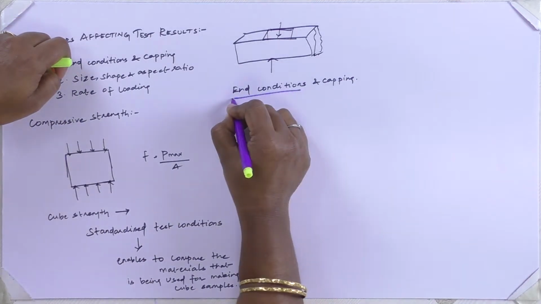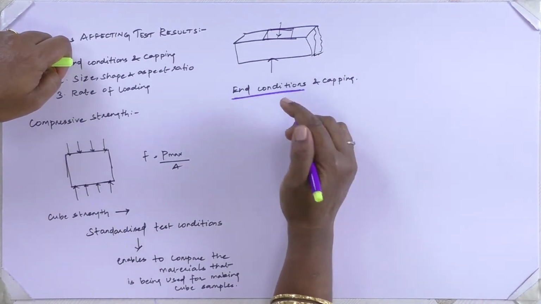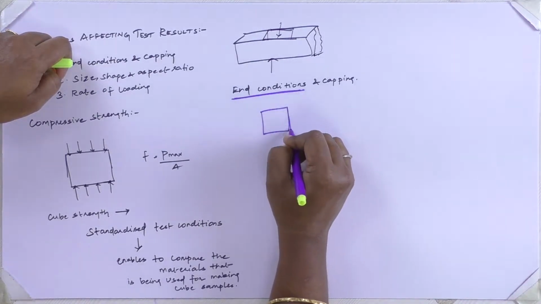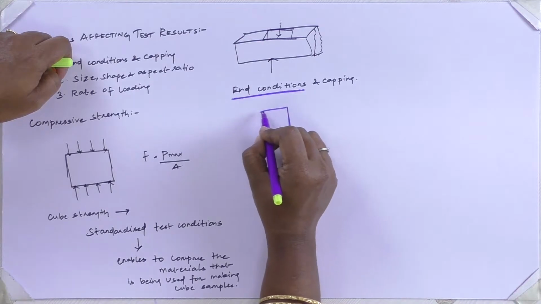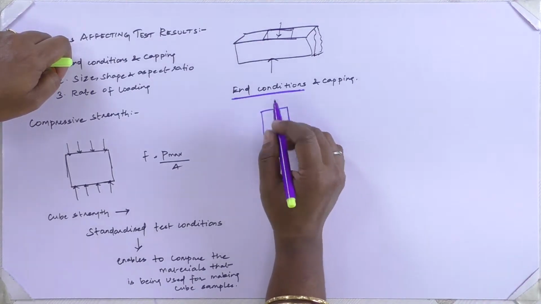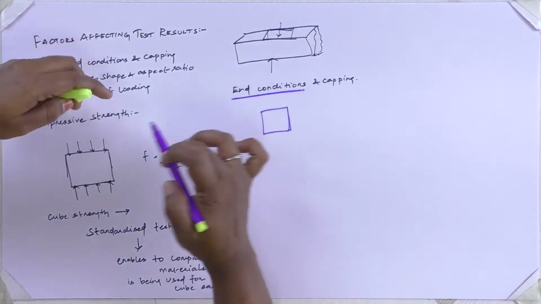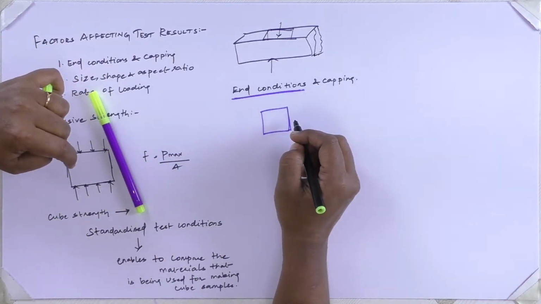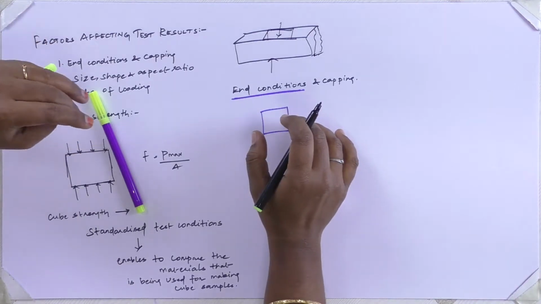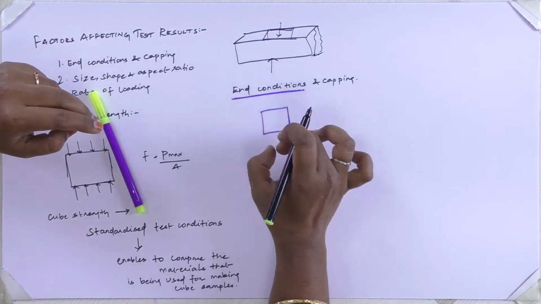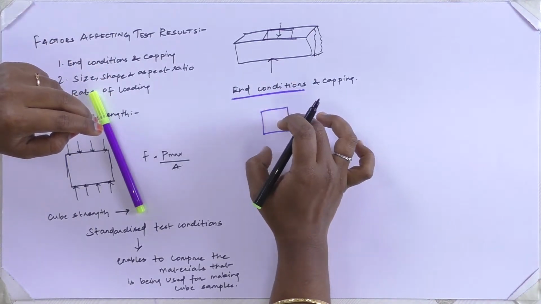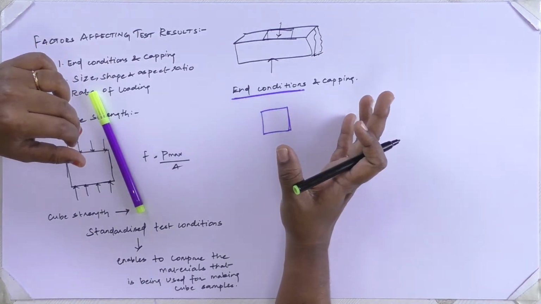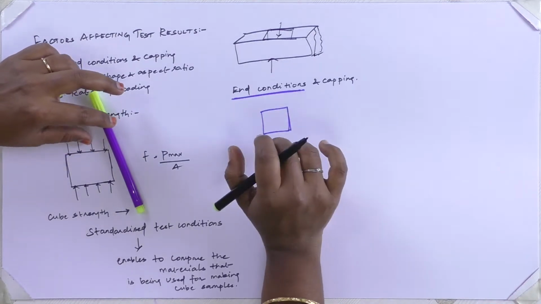This end condition: the cube which I am testing should have a plane surface at both top and bottom, that is, there should not be any undulations. If it is so, then while testing it results in stress concentration, and because of that I will be getting different results and I will not be able to get accurate results.